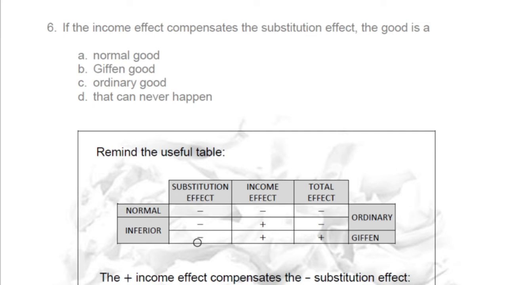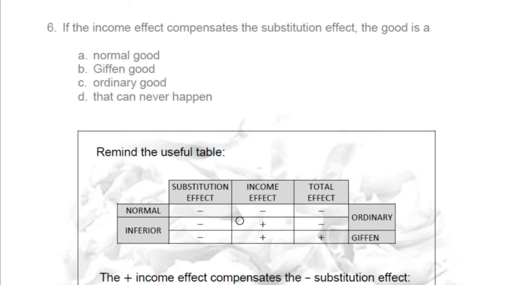Inferior goods have a substitution effect as all the goods except special ones, perfect complements. Perfect complements have zero substitution effect, but the rest have negative substitution effect.